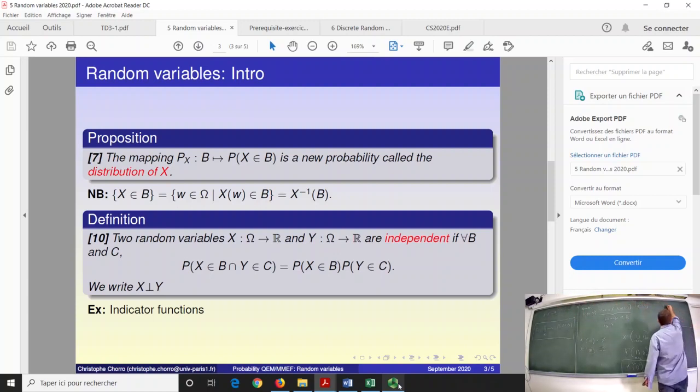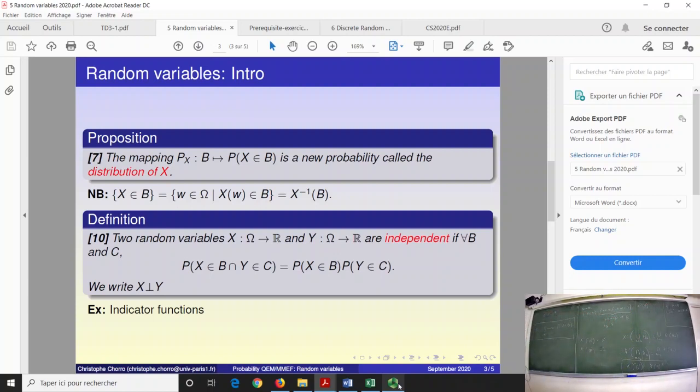B complementary is equal to R minus B, while X minus 1 of B complementary is omega minus X minus 1 of B. B lies here as a subset of R, while X minus 1 of B is a subset of omega. So when I define the complementary set, just keep in mind that I don't have the same underlying universe.